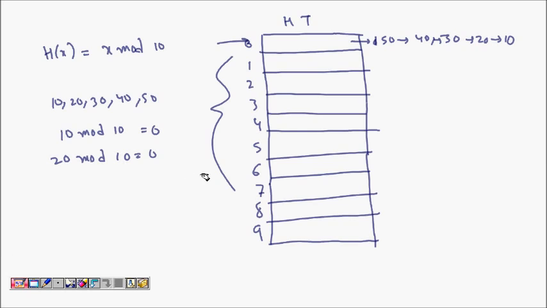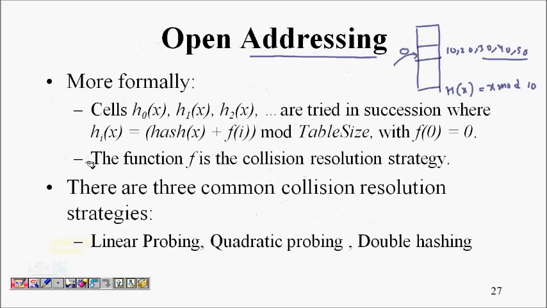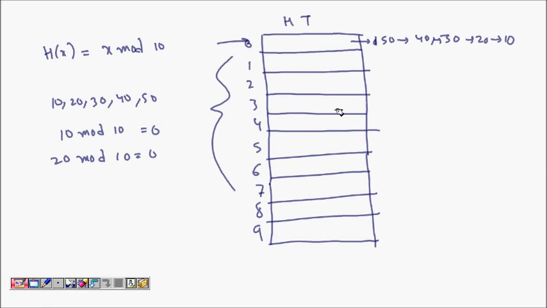That's why the concept of open addressing came about. I want to utilize these places. Let's say when I inserted 10, it came here. For 20, I found there was a collision, so it should come here.